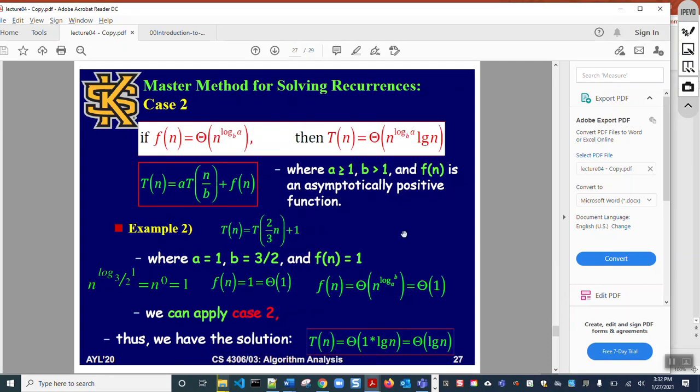Now case 2. Case 2, if f(n) equals this tight bound n to the log base b of a, okay, now in this case a is greater or equal to 1 and b is greater than 1, and the function is assumed to be a positive function. So we will find a case, for instance a equal to 1 and b equal to 3/2. This is actually called an inducted formula.